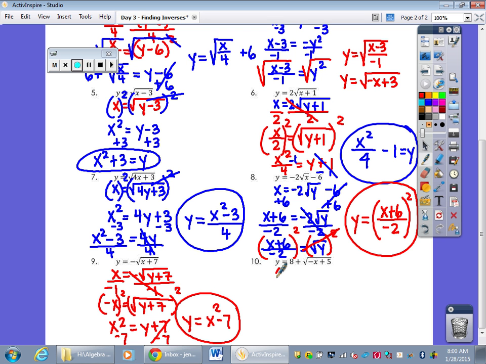And the last one, x equals 8 plus the square root of negative y plus 5. First thing you need to do is subtract this 8. So we have x minus 8 equals the square root of negative y plus 5. Then we're going to square both sides.